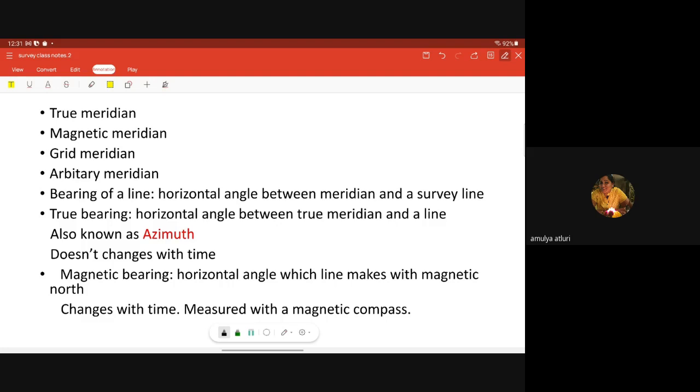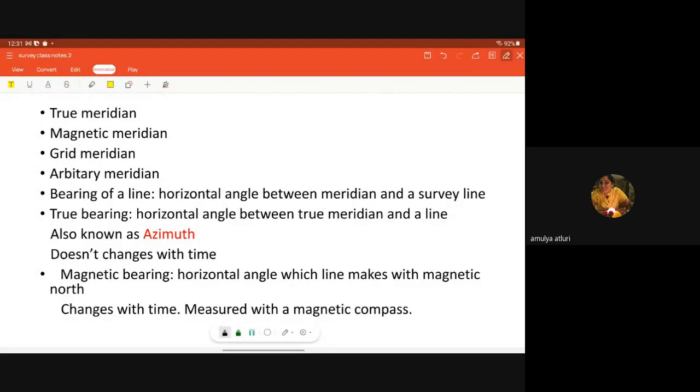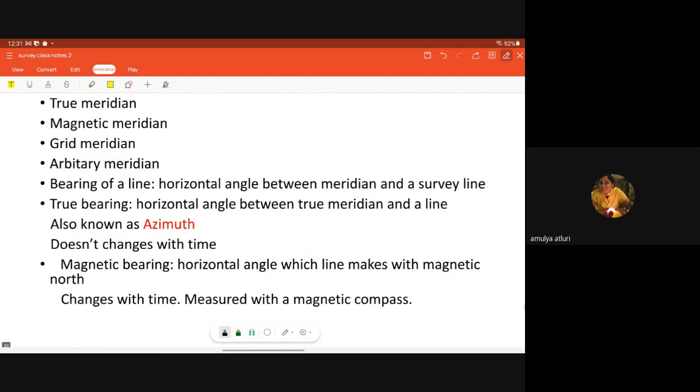So first one, with the help of a compass, how do we measure the angle? And how do we get the direction? With that measurement we can get the direction of that line also. So let's go into some terminologies for the magnetic compass survey.